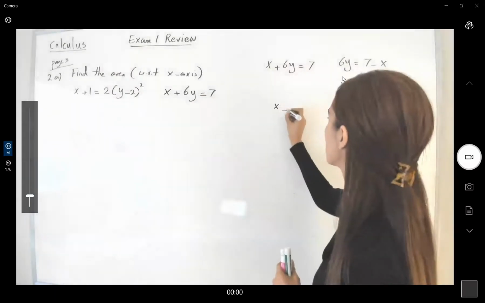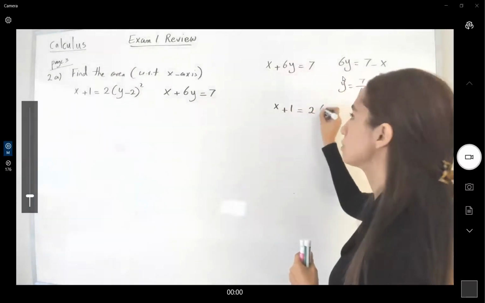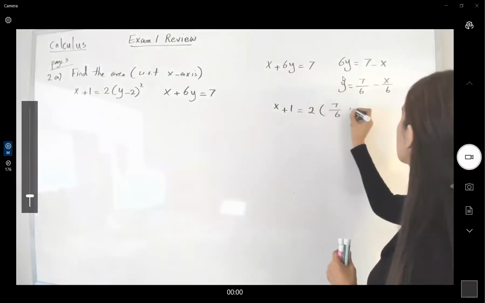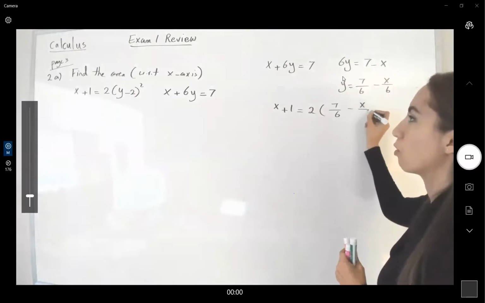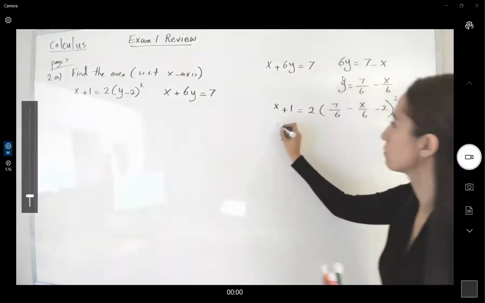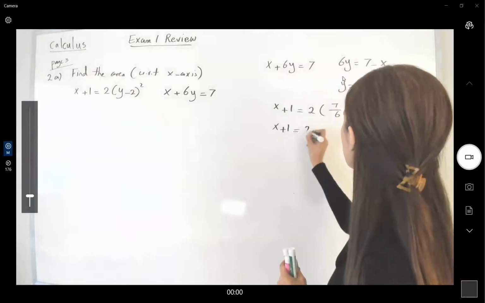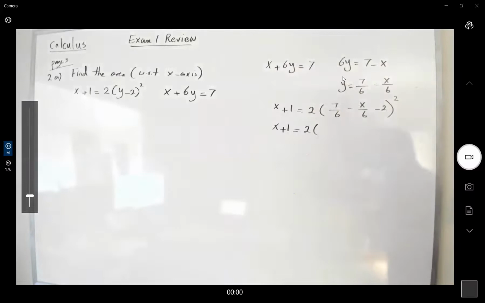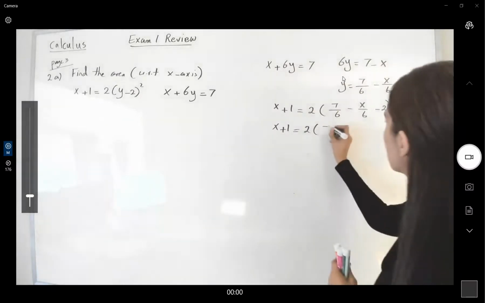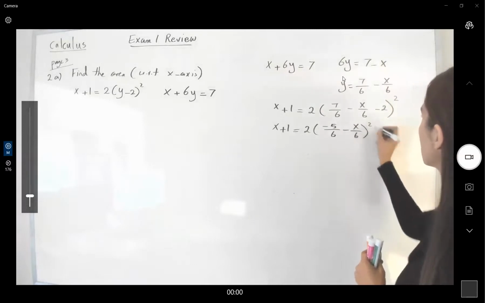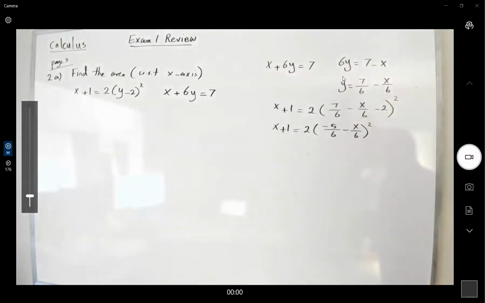You get x plus 1 equals 2 times (7 over 6 minus x over 6 minus 2) to the second power. So x plus 1 is equal to 2 times, let's do the subtraction between these two: (-5/6 minus x/6) to the second power.